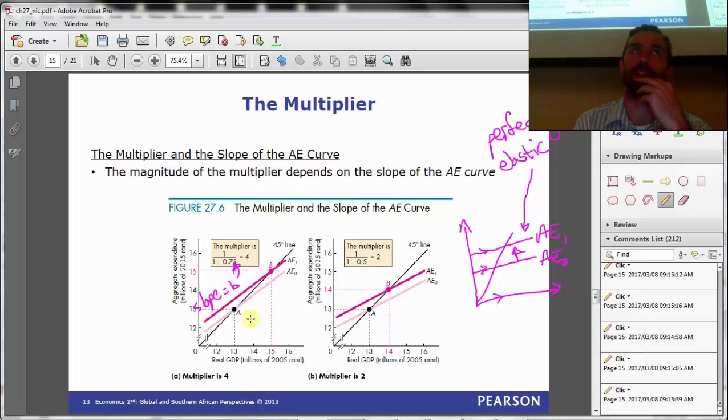Okay, so actually making the multiplier larger, that's a tricky question, because remember the multiplier depends on B, right? So that says B times Y. How much do we consume of a change in income?